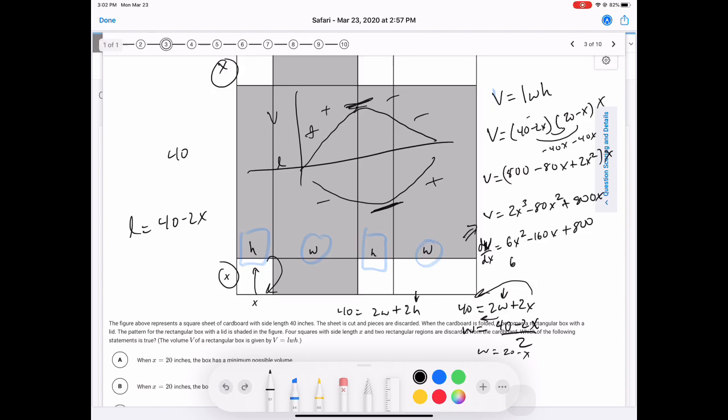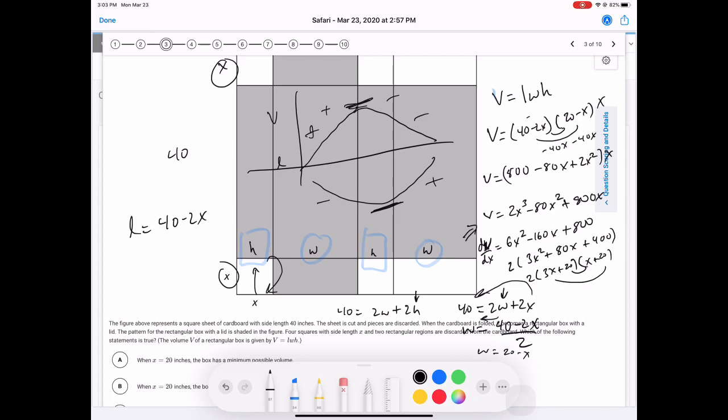I can take out a 2: 3x squared plus 80x plus 400. And our values can be factored to become 3x, x, and 20 and 20, plus and plus. That's 20 and 60 becomes 80.